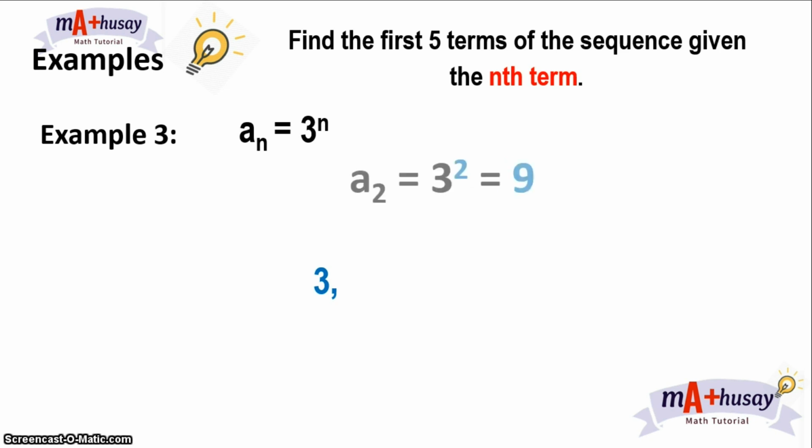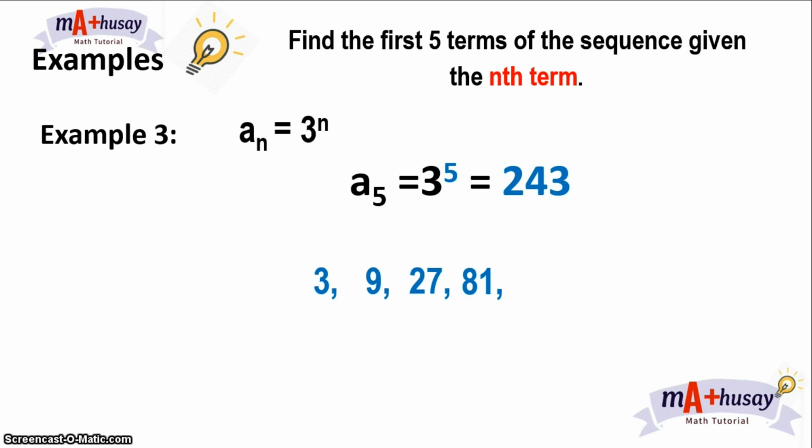If n is equal to 2, you have 3 squared. That gives you 9. When n is equal to 3, 3 cubed, you get 27, because 3 times 3 times 3 is 27. When n is 4, you get 3 to the 4th power or 81. And lastly, when n is 5, 3 to the power of 5 is 243.